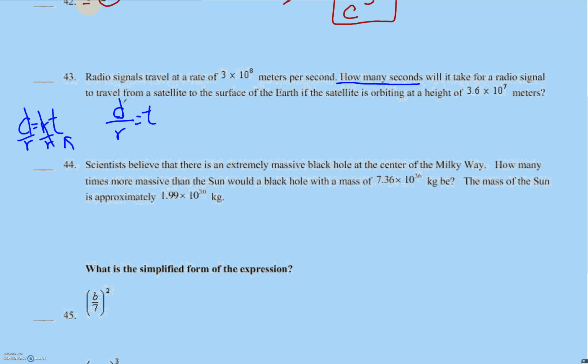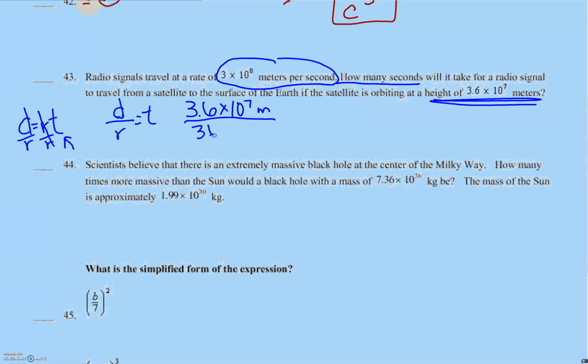My distance here, it says, is orbiting at a height. Okay, so my distance is 3.6 times 10 to the 7th meters. And my rate is 3 times 10 to the 8th meters per second.